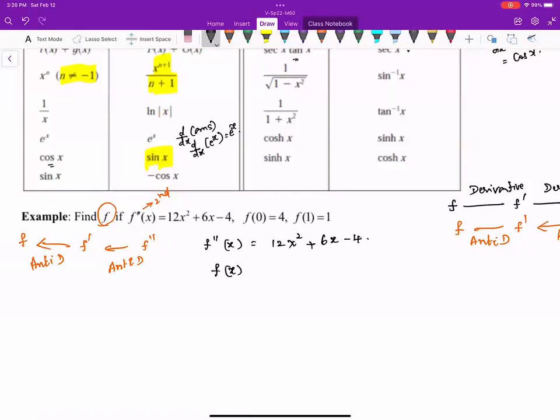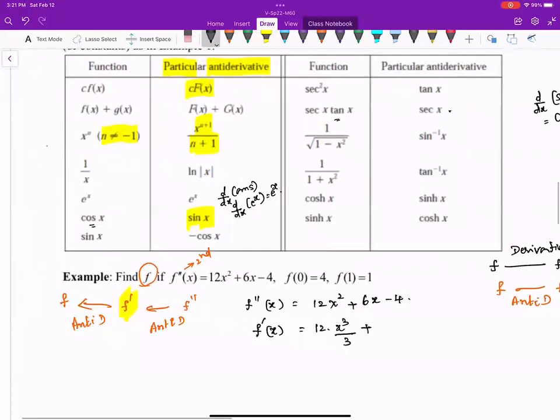Let's take the antiderivative for this part, which will give the first derivative. Antiderivative of 12x squared: 12 is a constant, times x cubed over 3, because in the formula we know that the antiderivative of x to the n is x to the n plus 1 over n plus 1.